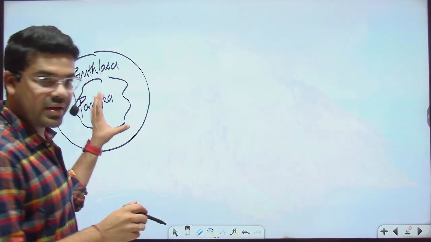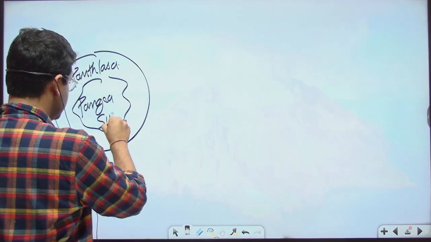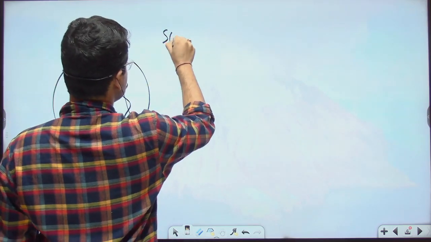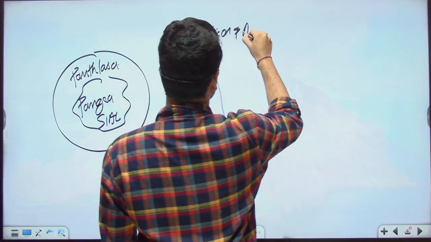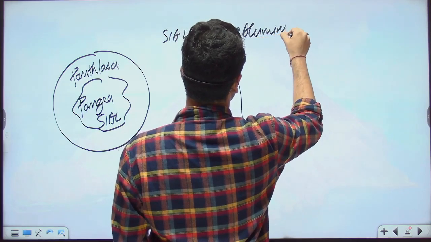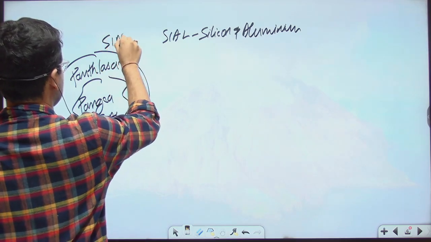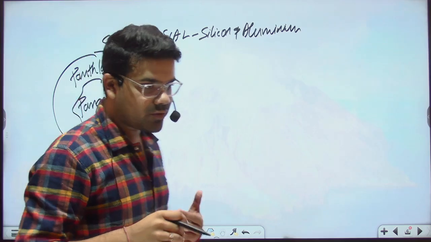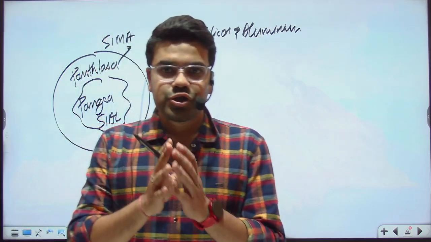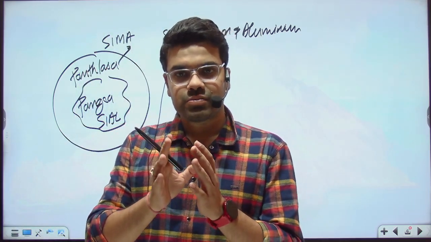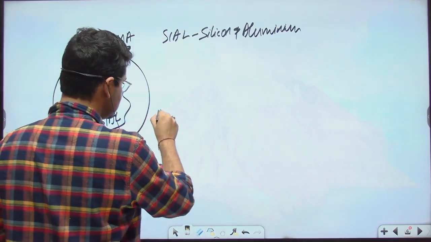He said Pangaea, which is a continental landmass, is made up of Sial. What is Sial? Sial stands for silicon and aluminium. And the water body Panthalassa has its base made up of Sima, that is silicon and magnesium. He always said that the oceanic plate, the ocean bottom, is much denser.